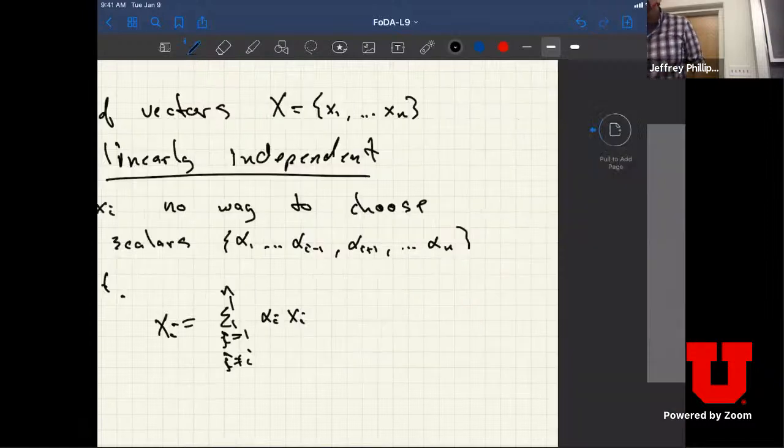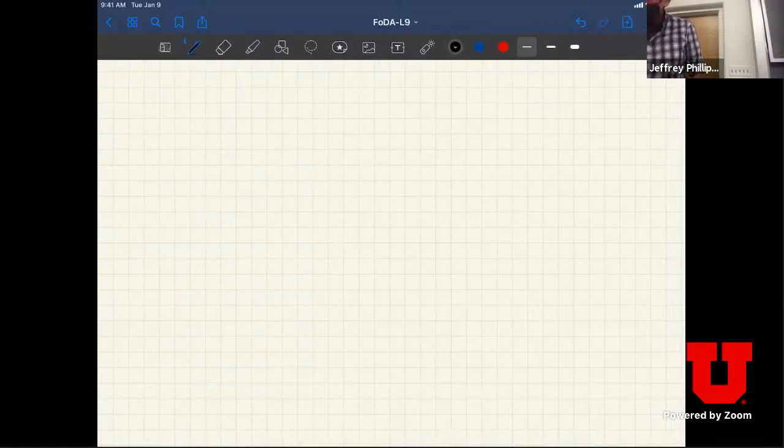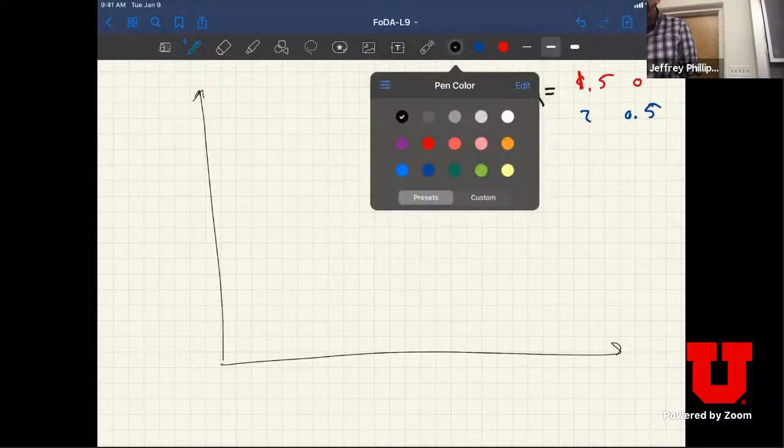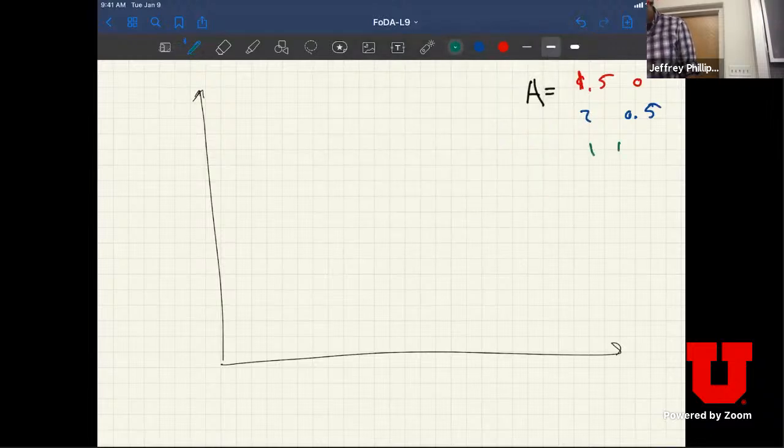All right, and let's draw one picture of an example here. A is going to be equal to 1.5, 0, 2, 0.5, and a 1, 1.